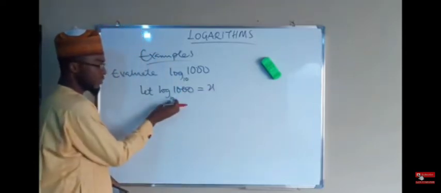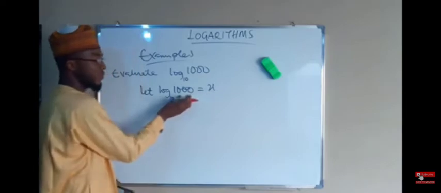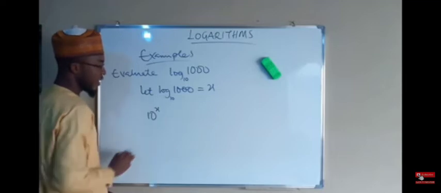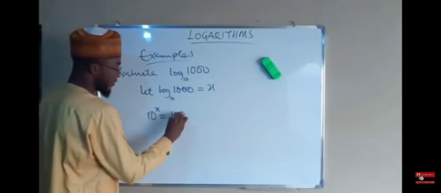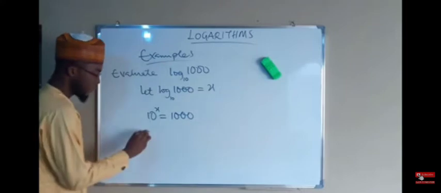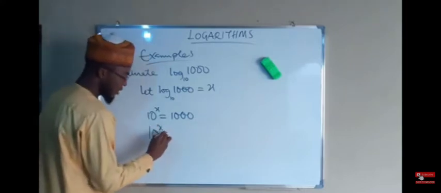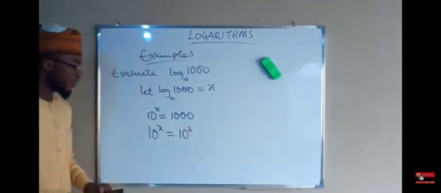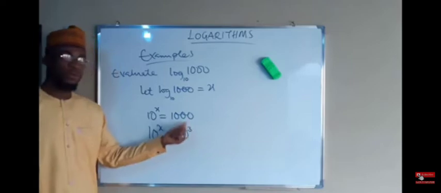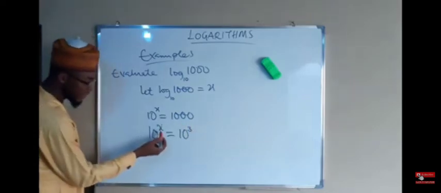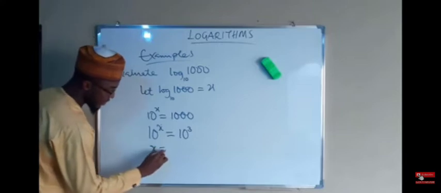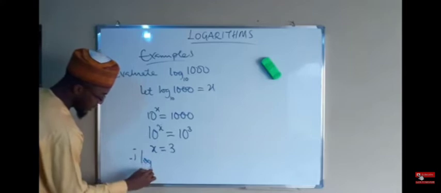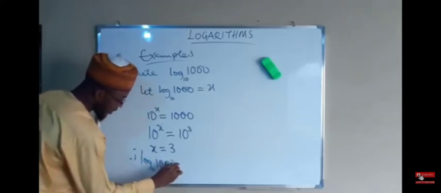If you raise 10 to the power x, it will give us 1000. So 10 to the power x equals 10 to the power 3, because if you raise 10 to the power of 3, it will give you 1000. Definitely our x equals 3. Therefore, log 1000 is equal to 3.